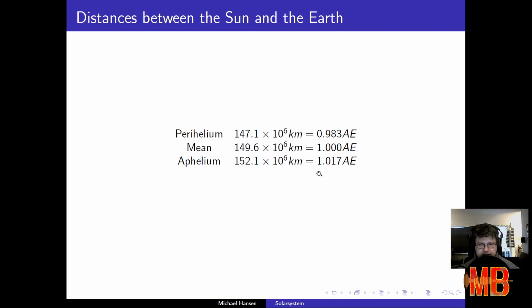And in aphelion, it's 1.017 astronomical units. And if I'm not mistaken, aphelion is when we have summer, and perihelion is when we have winter. Roughly, I mean. Actually, I should say that aphelion is when we have summer solstice, and perihelion is when we have winter solstice. Roughly, yeah. Let's continue.